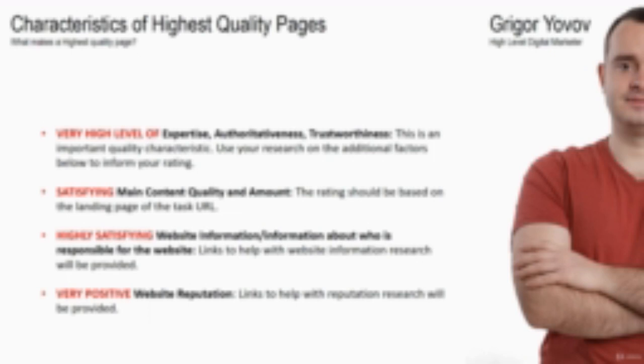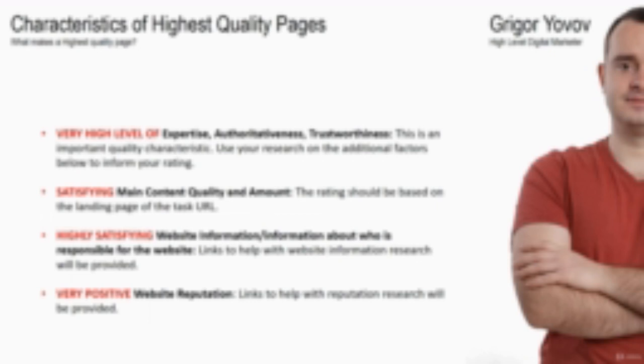Google says that you need a very high level of expertise, authoritativeness, and trustworthiness, satisfying main content quality and amount, highly satisfying website information, information about who is responsible for the website and for the content, and a very, very positive website reputation.